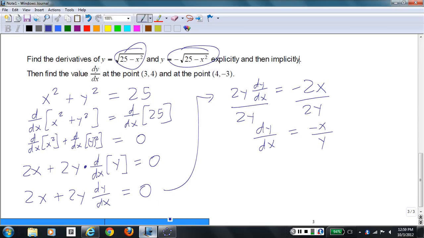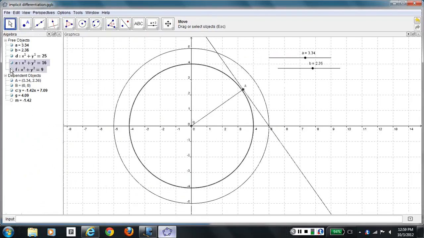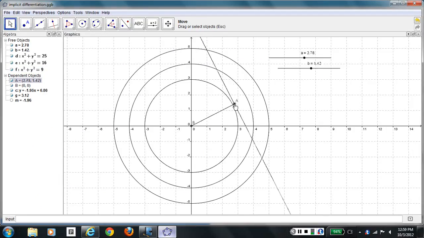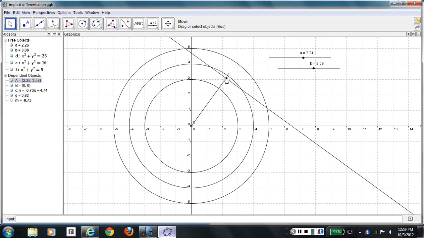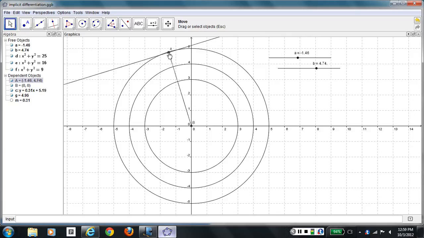So if we take this and put in a few more circles, and grab the point and put it on any of these circles, negative x over y is giving us the slope of the line. It's going to be the tangent line to that circle wherever we put it, and it doesn't matter which circle we put it on. So negative x over y, as long as the circle is centered at the origin, is going to give the slope of the tangent line.